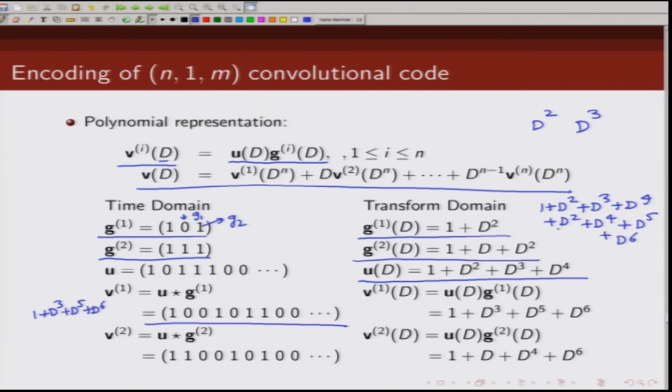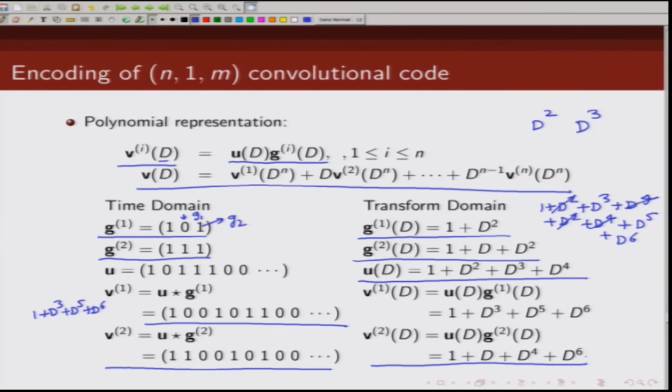So D square plus D square is 0, D4 plus D4 is 0. So what we are left with is 1 plus D cube plus D5 plus D6. This is precisely what you get here. So you can see these two representations are equivalent. Similarly, we can write U2 which is given by this, and you can verify for yourself that U2 of D is given by this.